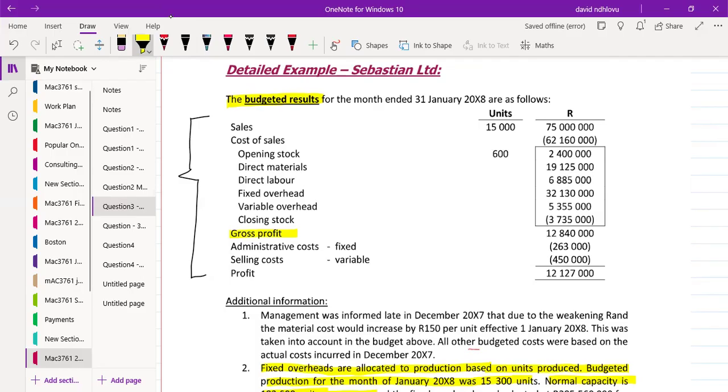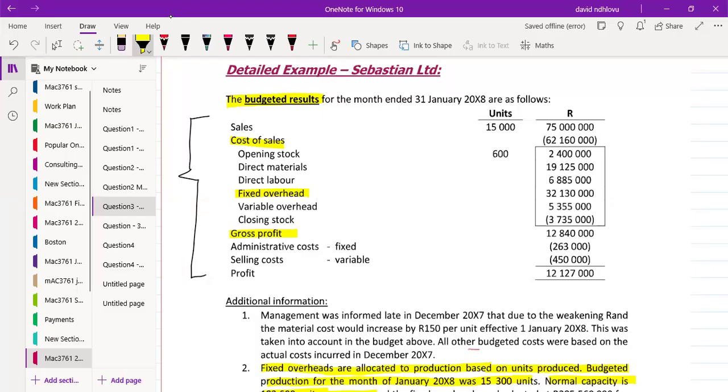That's number one. Number two, you can check the calculation of cost of sales. You see that they've included the fixed overhead. As long as your cost of sales contains fixed costs, then again it is evidence and proof that you are dealing with absorption costing. So that was the first thing to understand.